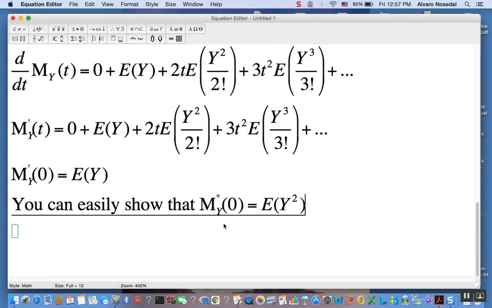How? Well, if you're interested in the expected value, just take the first derivative of the MGF with respect to t and evaluate it at t equals 0, and that gives you the expected value. And you could do something similar for higher order moments about the origin.